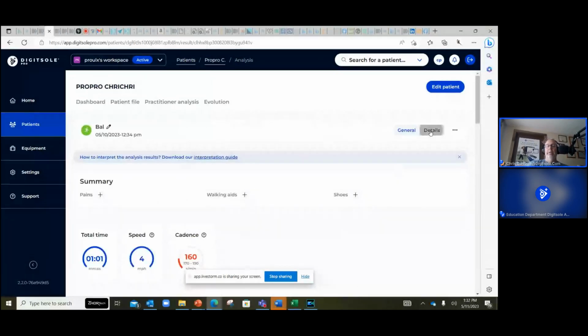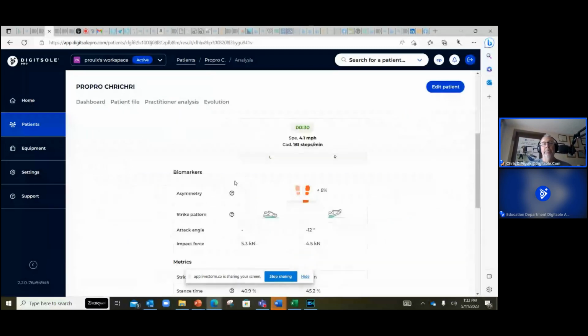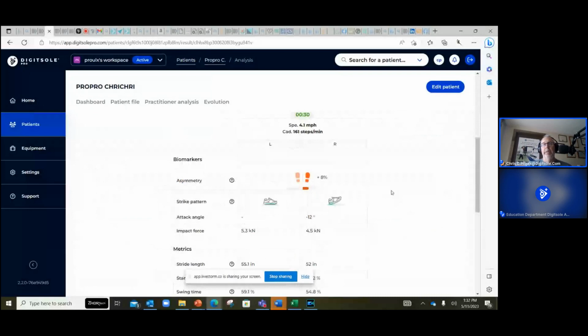In the details, it gives us the same graph. And what you can do is you can click on a point and a moment in time. And like I said, I may want to do this if I'm evaluating a certain moment in time, like during the first kilometer, or like in some patients, like patellofemoral pain syndrome. I find that even when they present to the clinic the first time, oftentimes they may not have any pain.